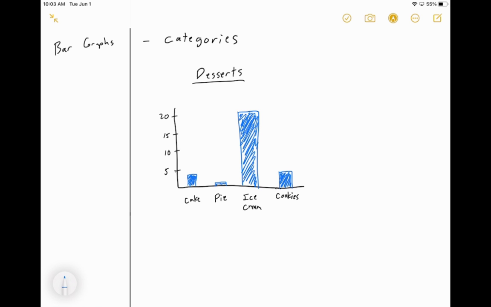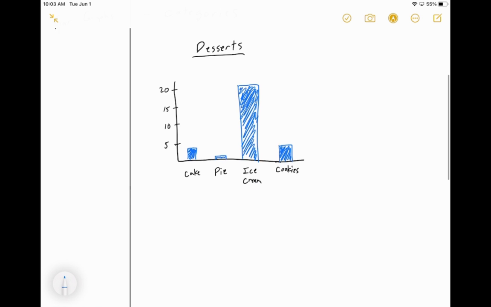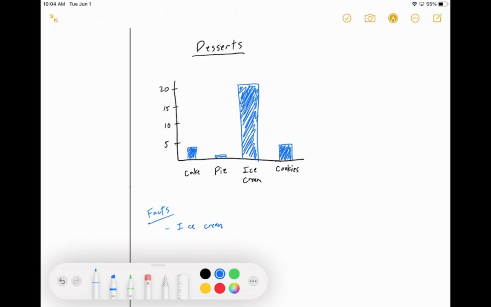All right, so from this bar graph, I've got lots of information that I can pull out from it, right? What are the things that I can say? Well, here are some of the facts.